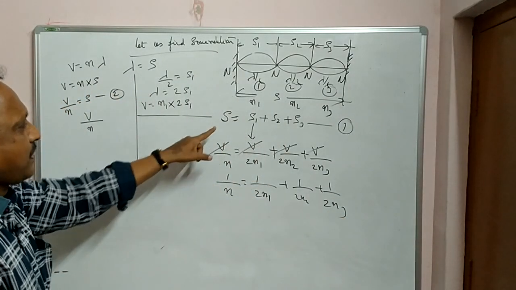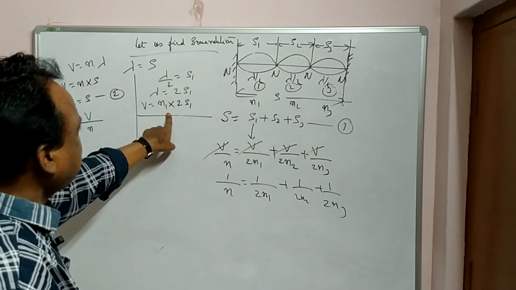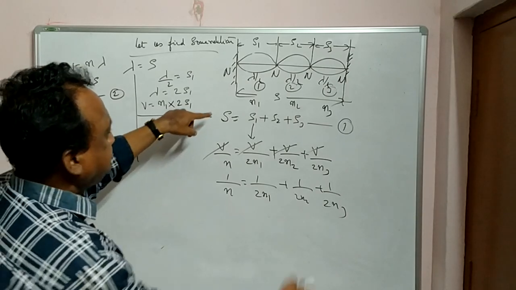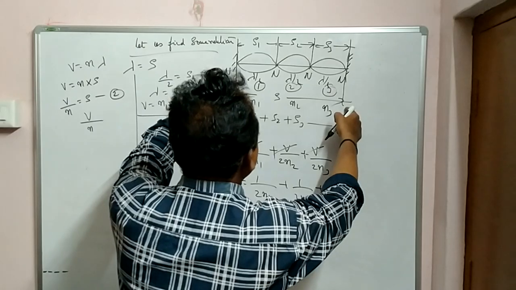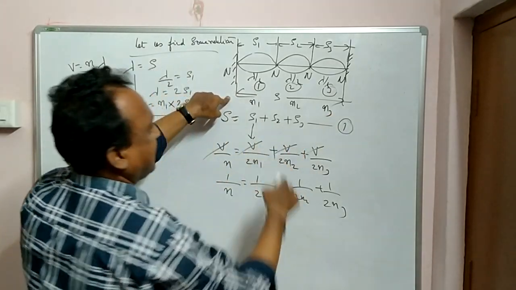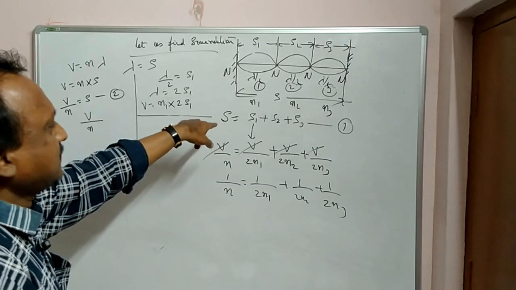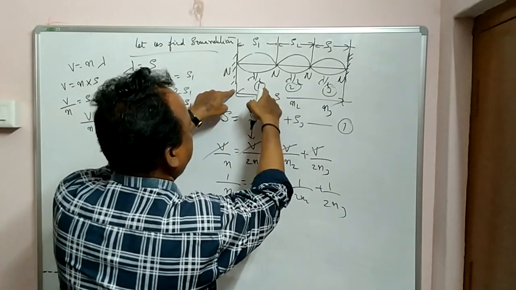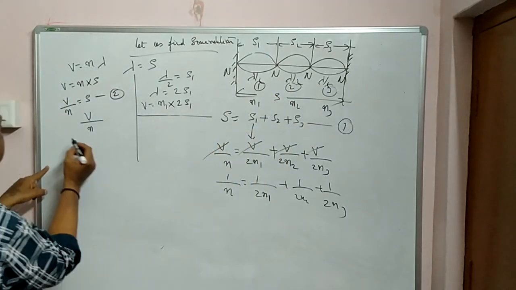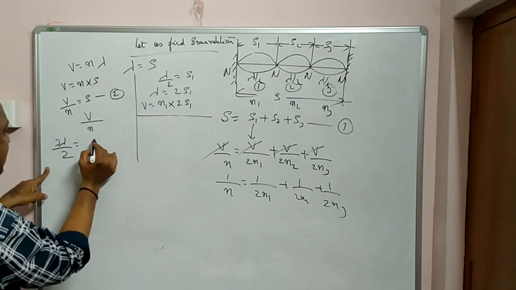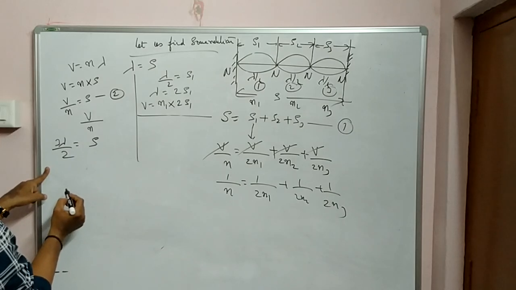Is it right? See here, here also you can see the total length. What is the total length? S is equal to S1 plus S2 plus S3. ఇది ఎంత మొత్తం? Lambda by 2 plus lambda by 2 plus lambda by 2, 3 lambda by 2 is equal to the total length S. ఓకేనా?